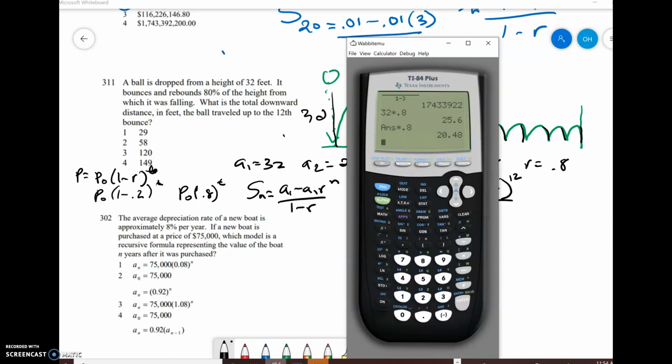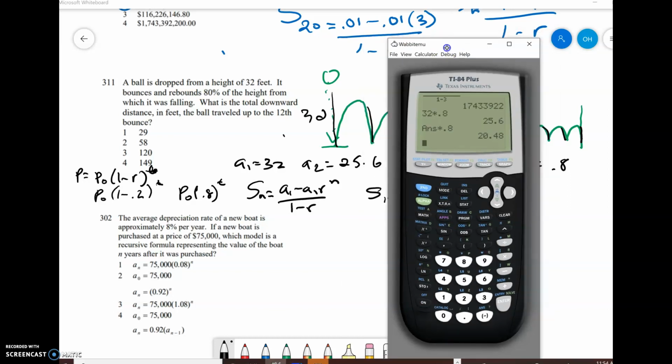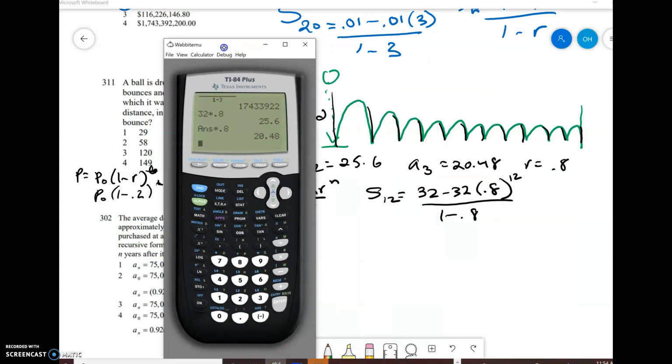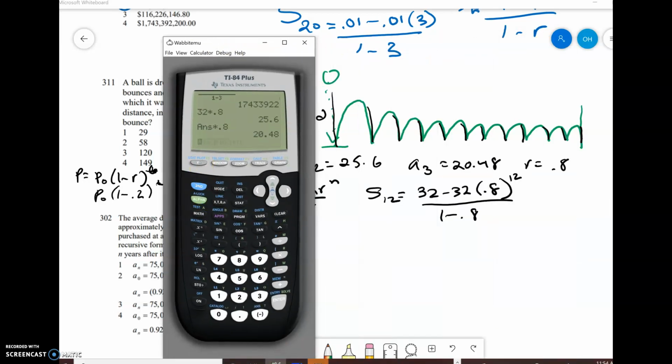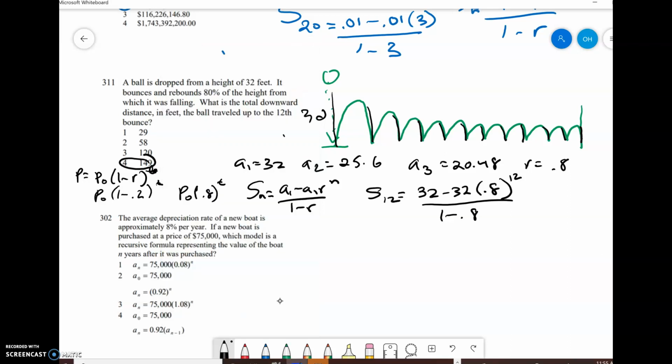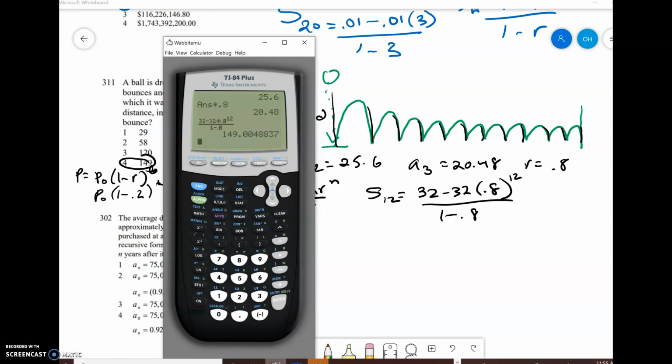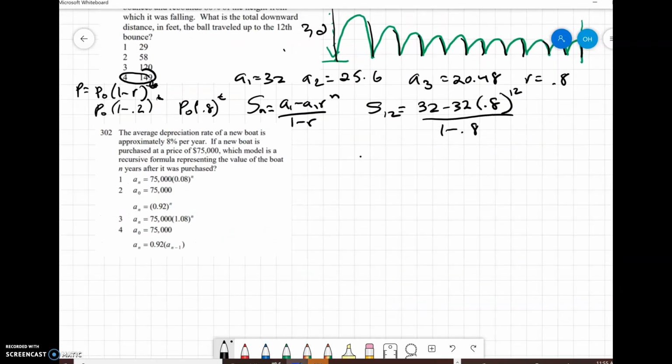Again, I go to the calculator, alpha y equals, and I enter 32 minus 32 times 0.8 to the 12th power divided by 1 minus 0.8, and that's answer choice 4. So you can see that, answer choice 4. All right, last question.